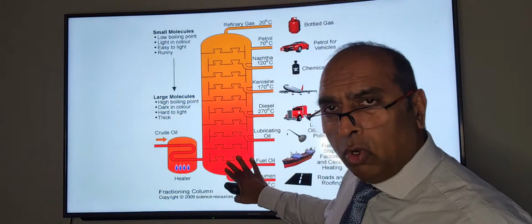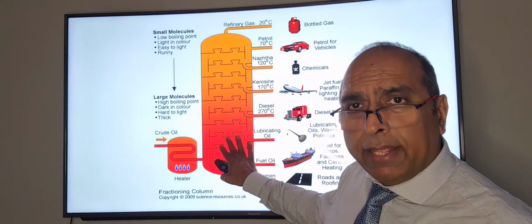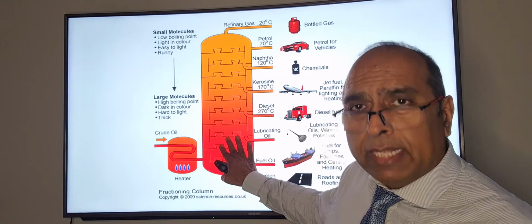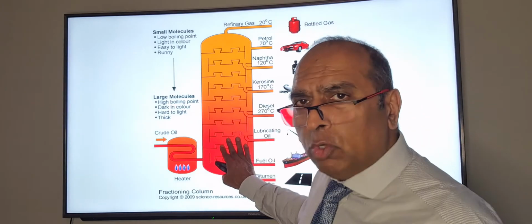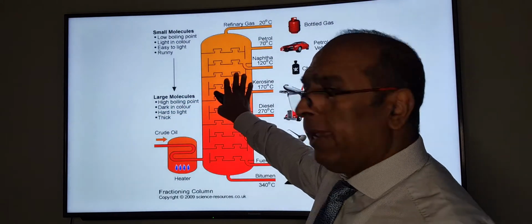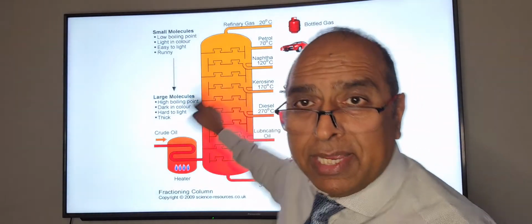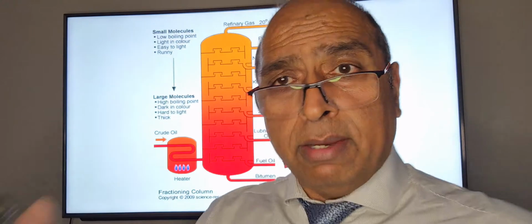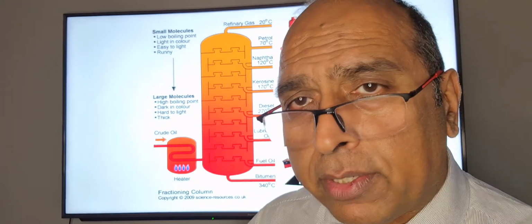So all the vapours, as they're going up, eventually hit their boiling temperature, their boiling point. If something boils at, say, 150 degrees, it'll go from here and reach about here, and there, the temperature will be about 150 degrees. When it hits 150 degrees, it'll turn back from being a gas into a liquid. That's a process called condensing.